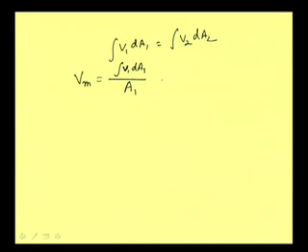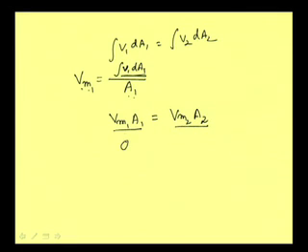So, integration of V1 dA1 is nothing but Vm into A. We can write Vm1 into A1 is equal to, similarly here, Vm2 into A2, and Vm1 A1, Vm2 A2 are nothing but Q1 equal to Q2, and this is our continuity equation.